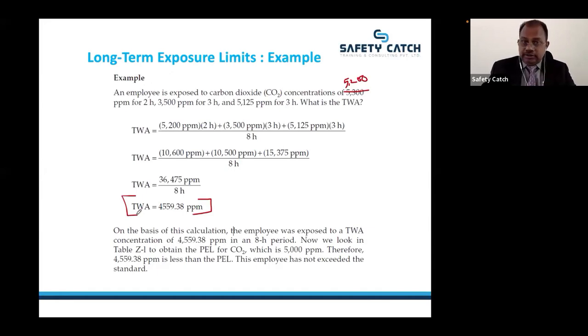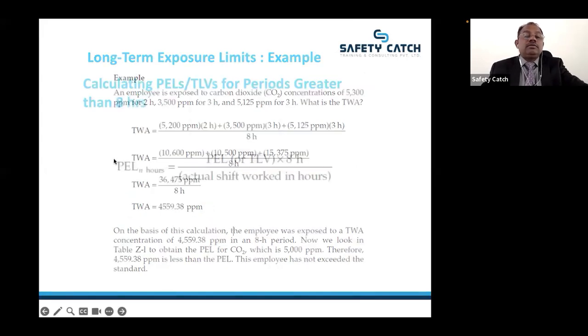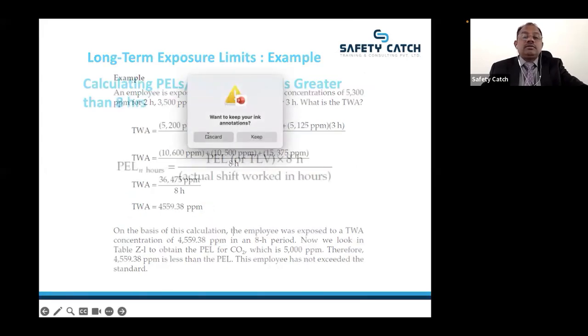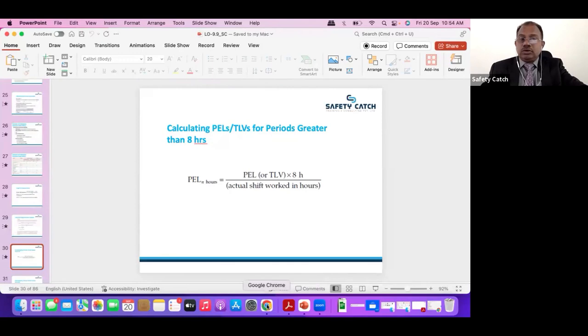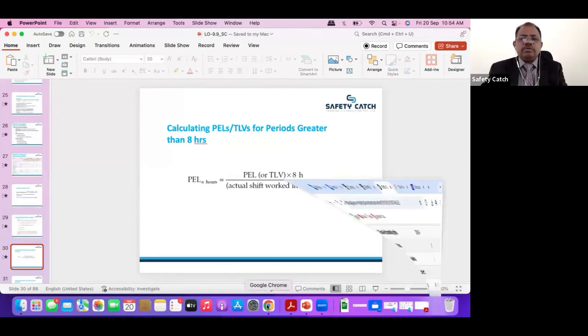So carbon dioxide. Now, this is the TWA, time weighted average, you got. When you go to the Z1 table, this is as per OSHA only. I will come to whether you refer here or there; the problem is the same.